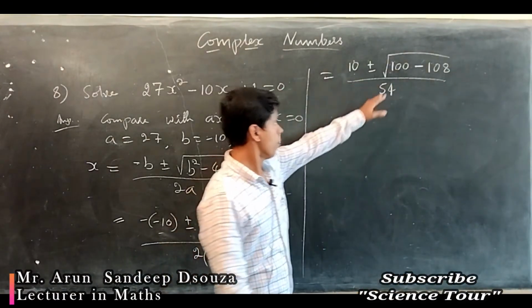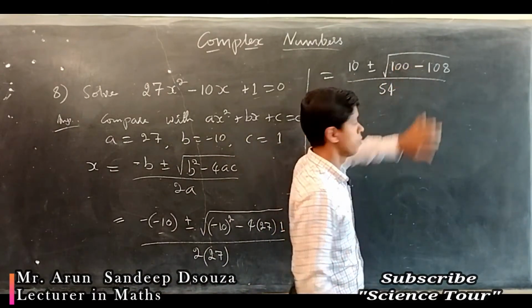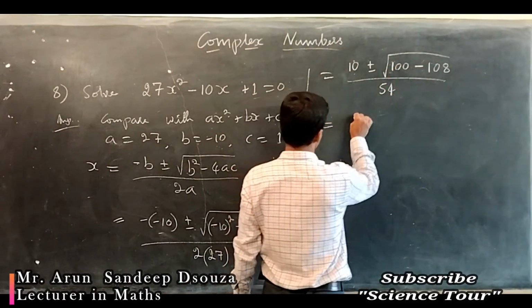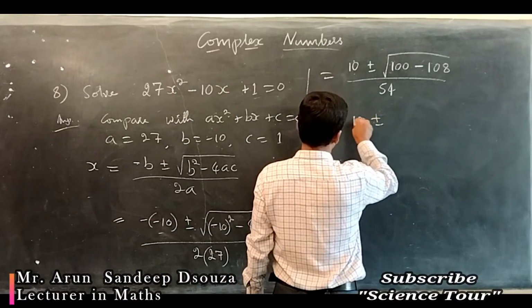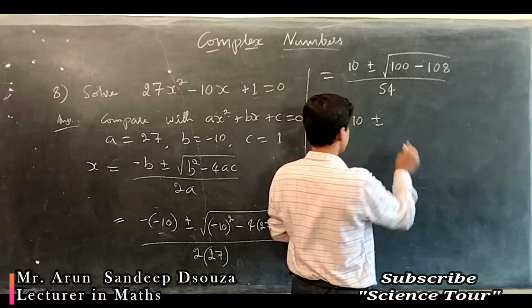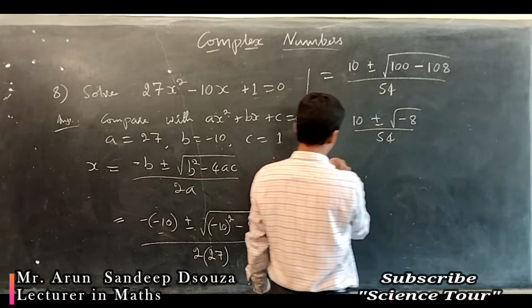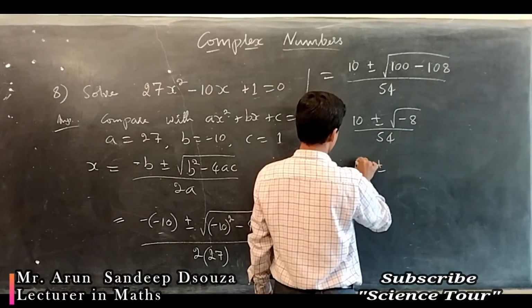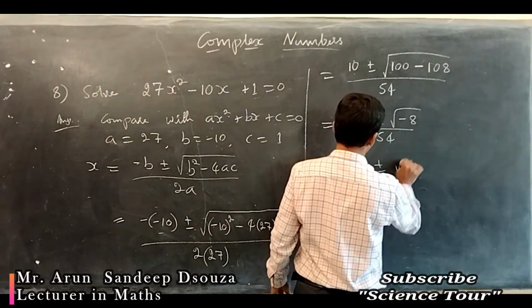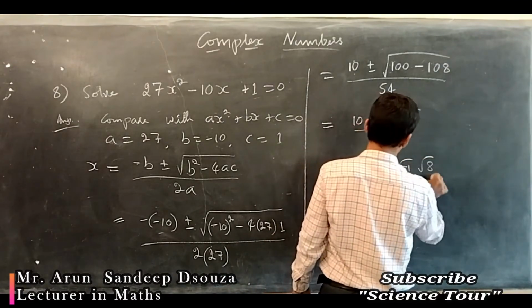Okay, now b square minus 4ac is negative. So this is minus 8 and that is under root. So this should be written as root minus 1 into root 8.